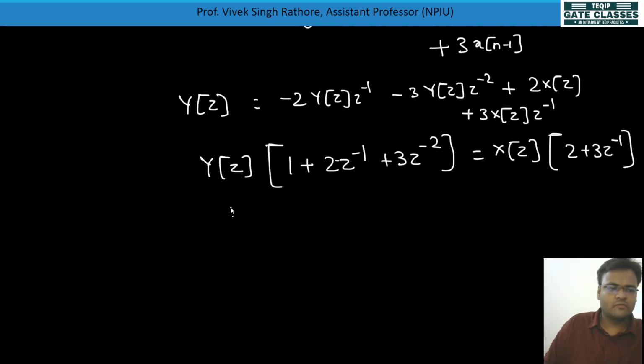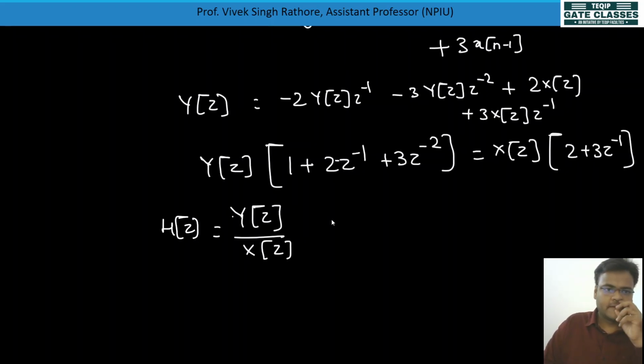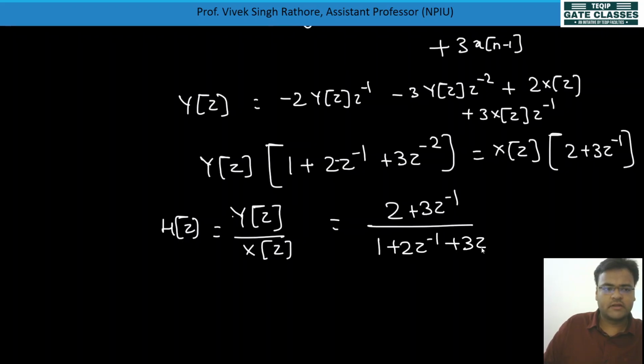So Y of z by X of z is equal to H of z. H of z can be written as 2 plus 3 z minus 1 over 1 plus 2 z minus 1 plus 3 z minus 2.